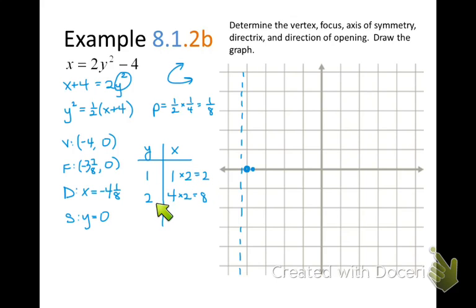When I go vertically 2 in either direction from the vertex, I'm going to go horizontally out 8. So what does that look like? 1 vertically, 2 out horizontally, out 2 vertically, and I'm going to go out 8 horizontally. And then that's a really narrow parabola, right?